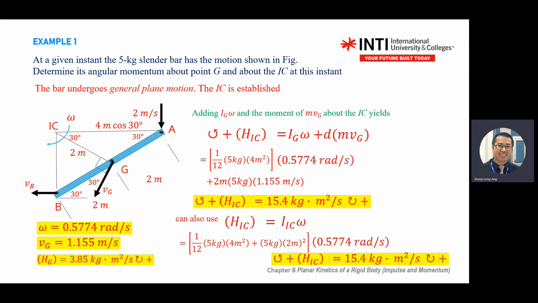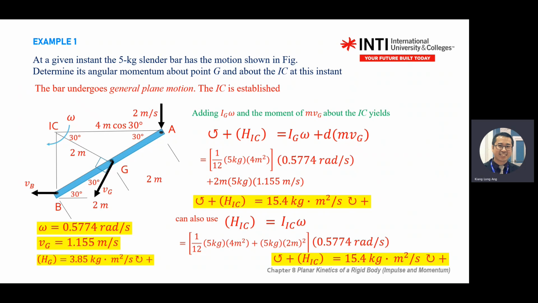So the first set is referring to G point, center of mass. So IG, you're referring to rod. This one is 1/12, that's why there's a 12 here. MD square or ML square if you refer to the table. You're referring to this object.